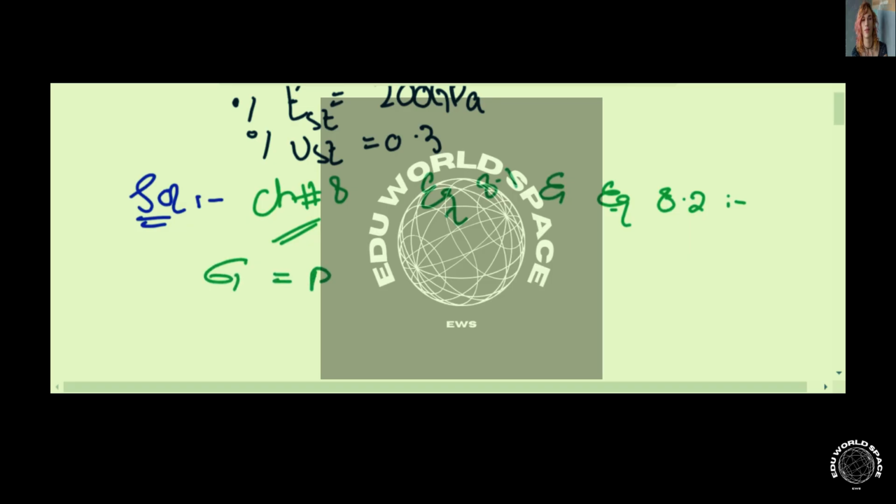So equation 8.1 is that sigma sub 1 is equal to P times R divided by T, and equation 8.2 is that sigma sub 2 is equal to P times R divided by 2T, right?